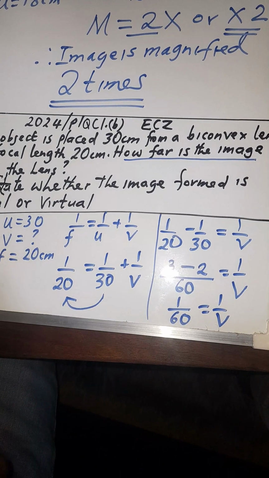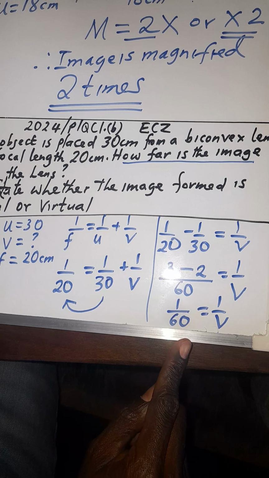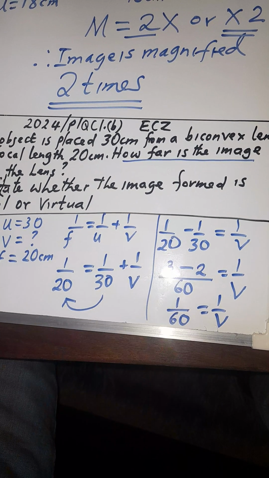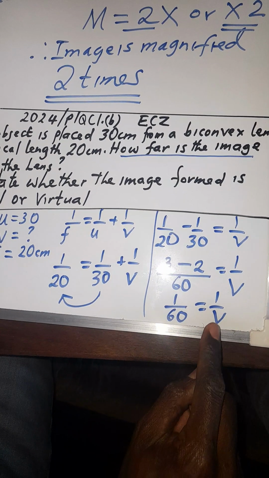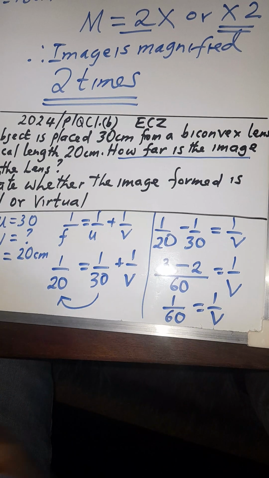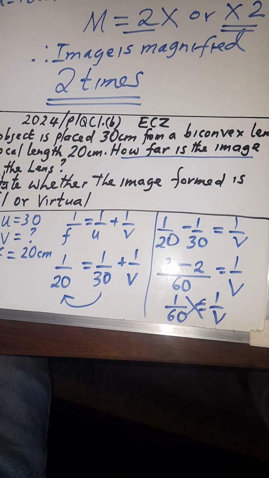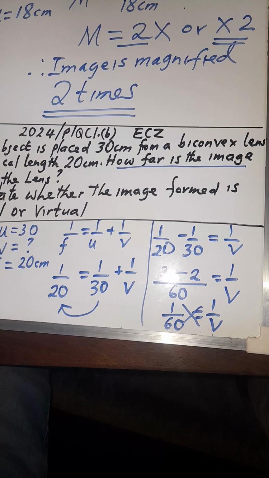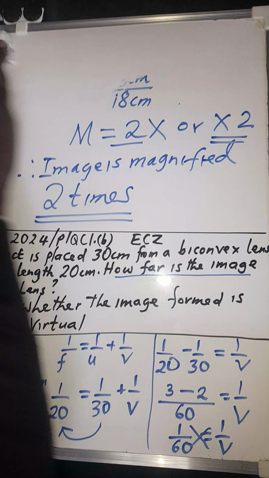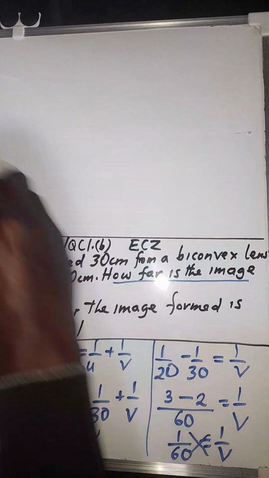How do I find V, the image distance? We are just going to cross multiply. Allow me to erase, since my space is worn out, so I can finish the problem from the top.